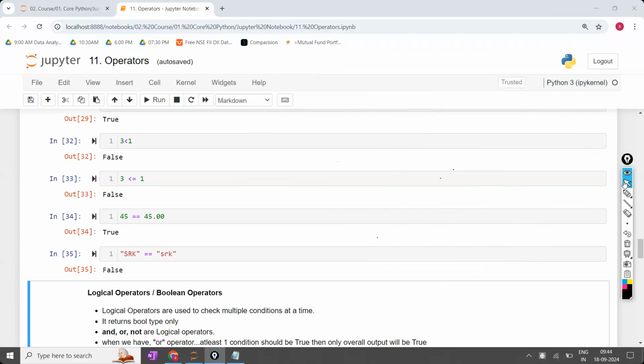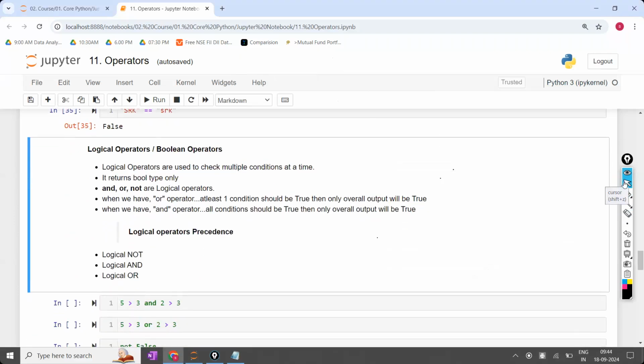Now, next comes the logical operators. So what are the operators we have covered till now? Arithmetic, that is plus, minus, into, division, floor division, modulo, power, and parenthesis. These are the things which we have covered.